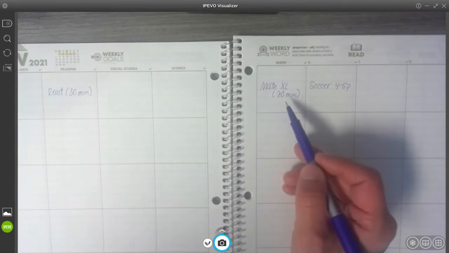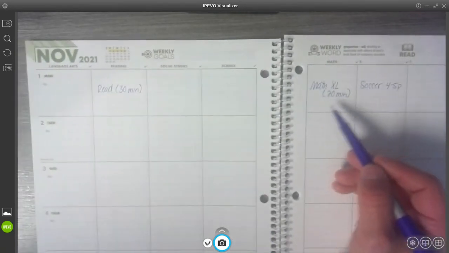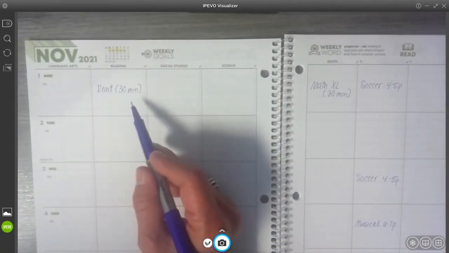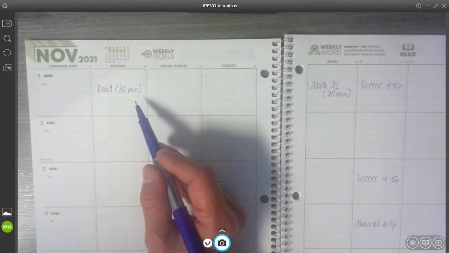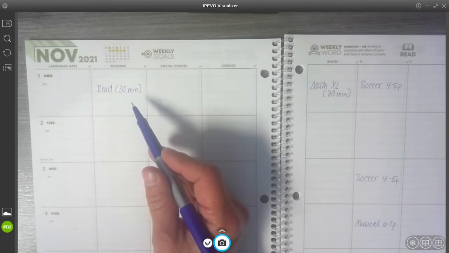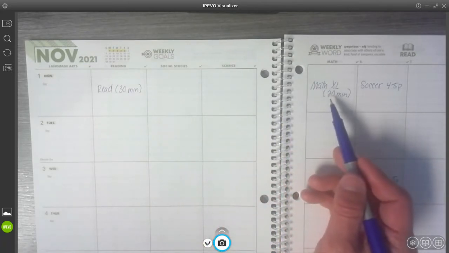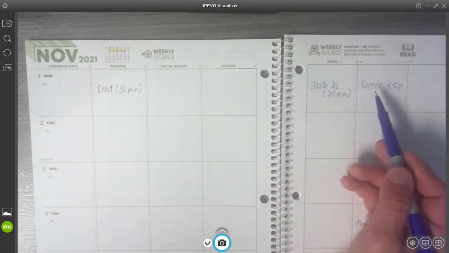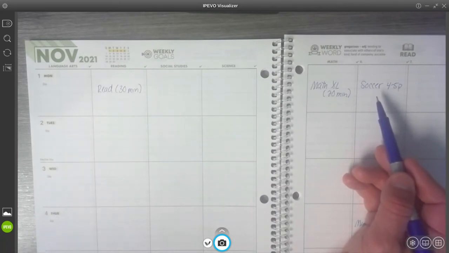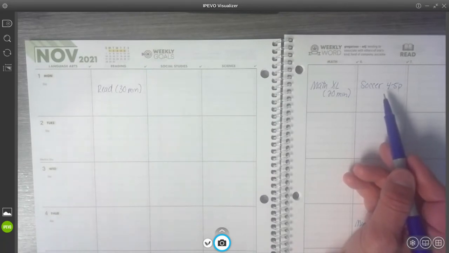So then when they get home or throughout the day on Monday, when they're looking at the time that they have to commit to homework, they can start to slowly manage that themselves. So they have 30 minutes to read, and then they have about 20 minutes of Math Excel. This also tells them that they have soccer from 4 to 5. So that's right after school.